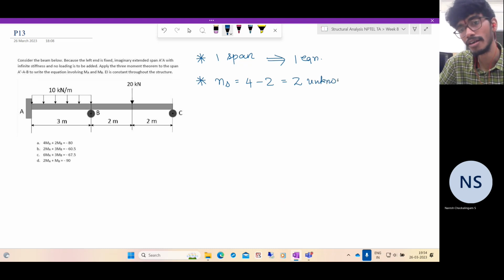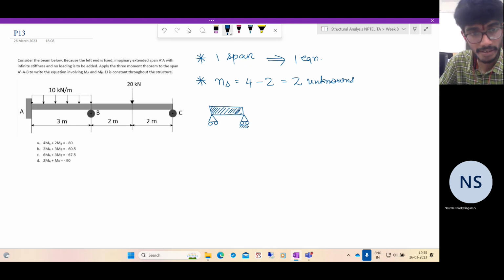So how do we account for it? So this is a technique. You replace the fixed support at the point A by a very short and stiff beam.